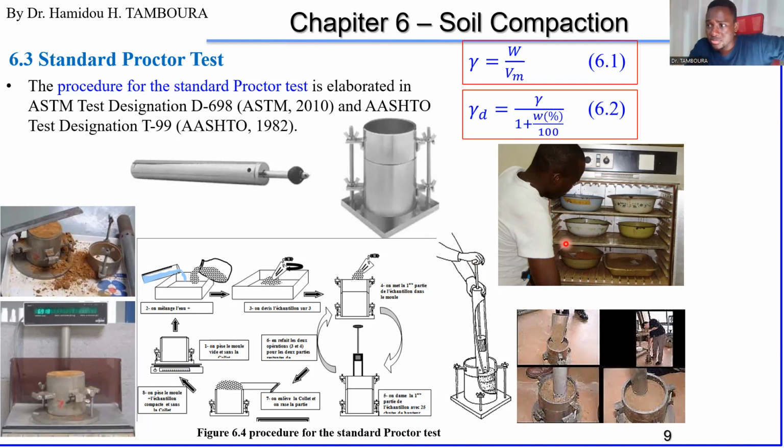In that case, you can obtain the weight of your water by doing wet weight minus dry weight. Okay? And if you have the weight of water divided by the weight of the soil, you can obtain the water content. I think you know how to calculate the water content of soil.